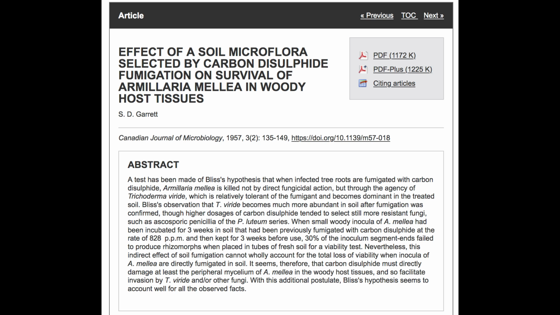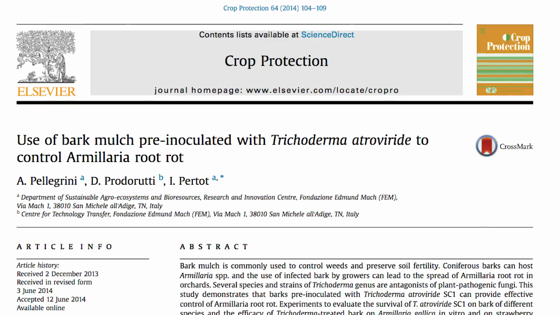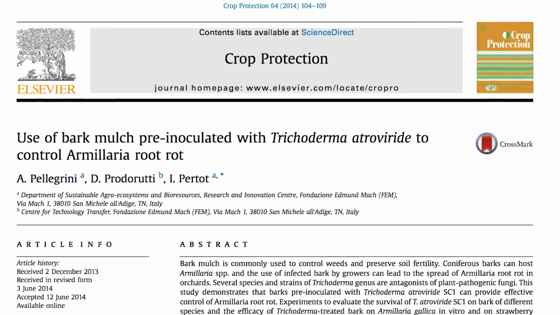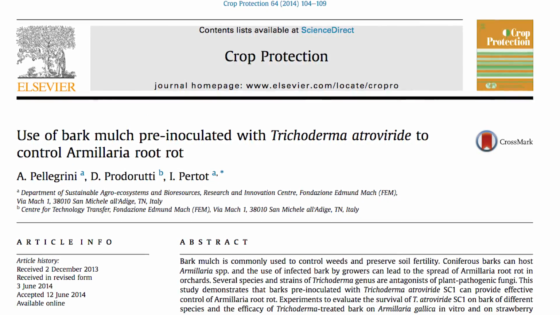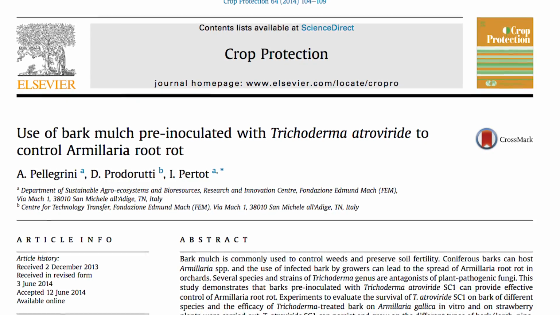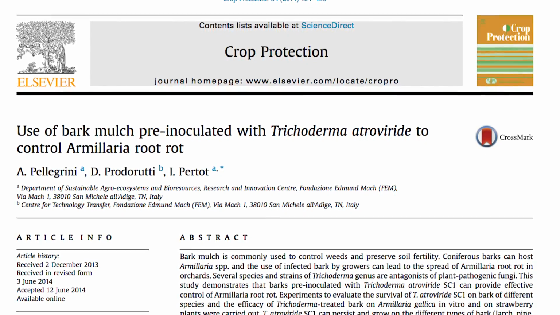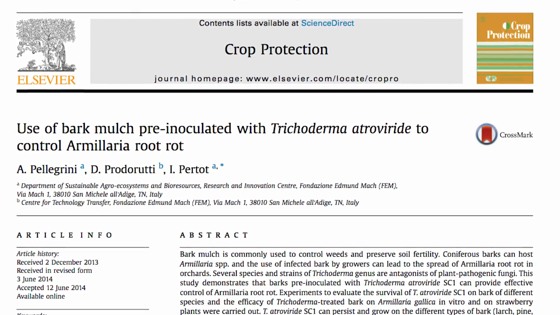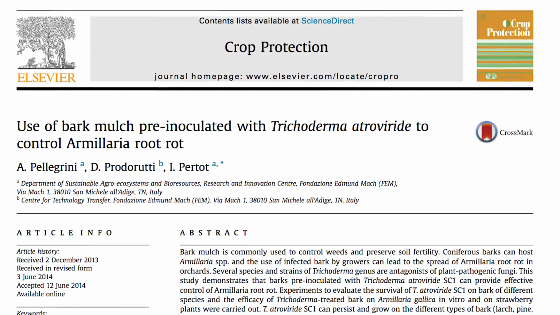One of the earliest reports of the anti-Armillaria effects of Trichoderma was published in 1957, when researchers discovered that Trichoderma species killed Armillaria fungi in experimental trials, particularly when a fumigant was added to the mix. An interesting study from 2014 showed that bark mulch that was pre-treated with a Trichoderma species inhibited the growth of Armillaria, specifically on Armillaria-infected strawberry plants.